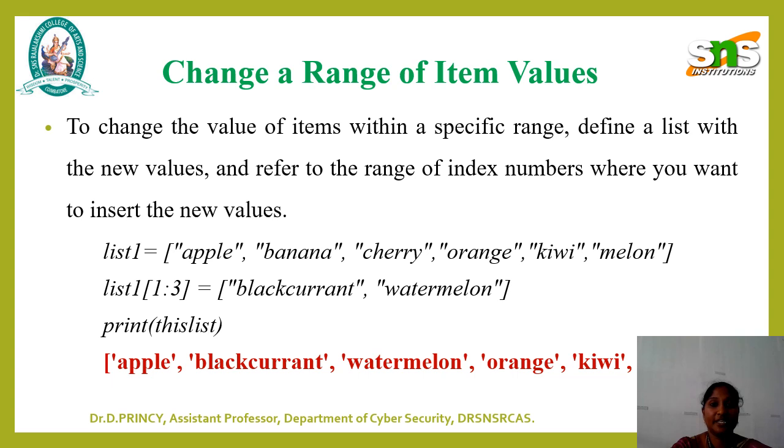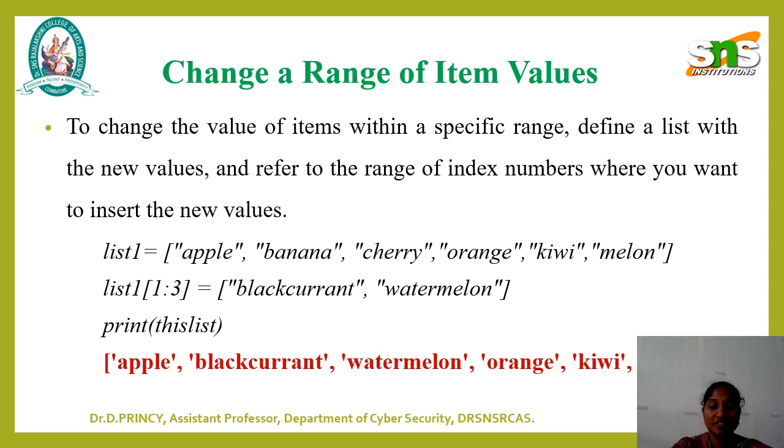Change a range of item values. Suppose you want to change a number of items in a sequence, we can use the range instead of specifying an individual index number. To change the value of items, we can define the new values by using the range of index numbers. List1 has the items apple, banana, cherry, orange, kiwi and melon.